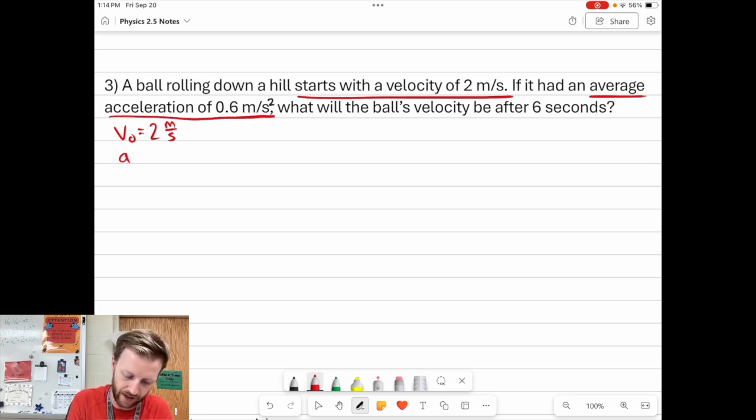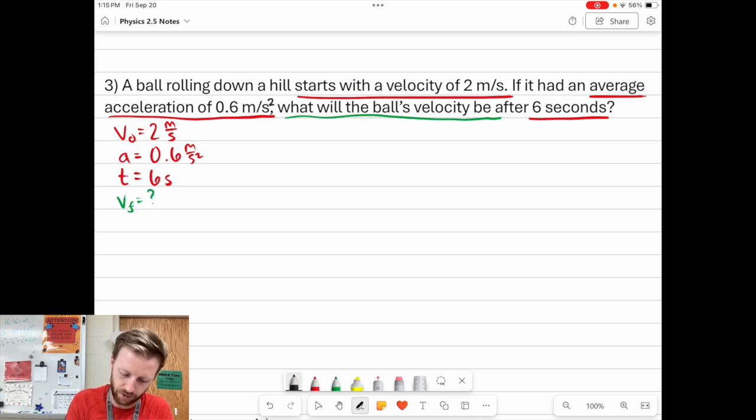So there's my A, 0.6 meters per second squared. What will the ball's velocity be after 6 seconds? There's my T. And I have all my values. Well, my unknown here, what will the ball's velocity be? So that's going to be my final velocity is what I'm looking for.